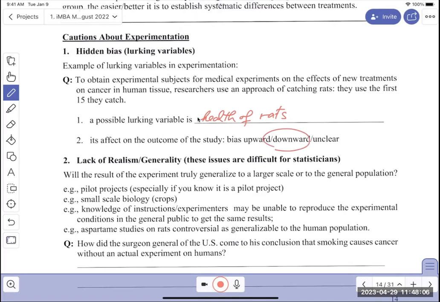So as I was saying, in study design, you want to be sure that the experimental conditions can be replicated in the real world. And to do that, to make the experiment truly generalizable to a larger scale or to the general population, you need to first conduct some smaller versions of the study to get out the kinks, right?